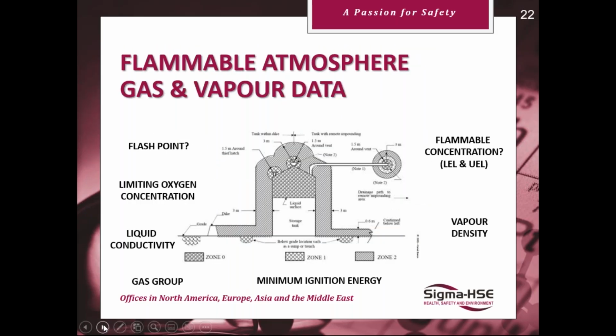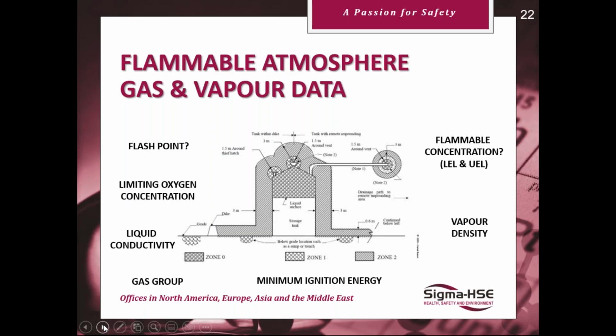So if we've got a flammable atmosphere for gases and vapors, we need to know the flash point. What temperature can the material ignite? Limiting oxygen concentration, just in case we need to inert. The liquid conductivity, is it an insulating liquid or a conducting liquid? The gas group of it, is it 2A, 2B, or worse, 2C, such as hydrogen?